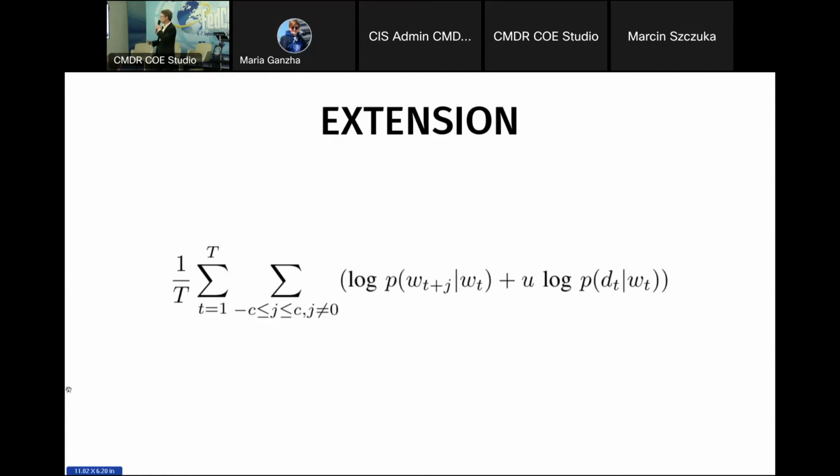And what I added to that is maximizing the log probability of some document label given the same target word WT. You can also see there is this parameter U, which is an integer weight that lets the user express the importance of the document label versus the importance of the context of the surrounding words.